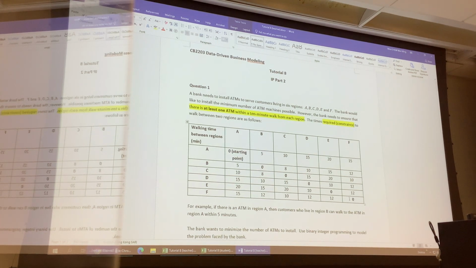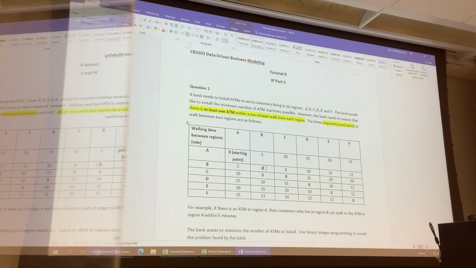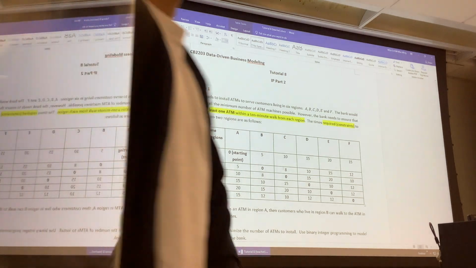So that is the starting point instead of this one or this one. So for region B, if you're in region B and walk to region E, you need 15 minutes. So you have to understand this table clearly.